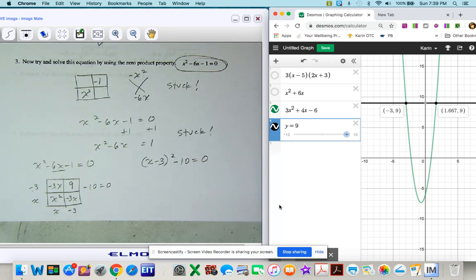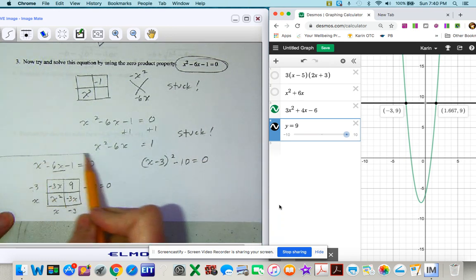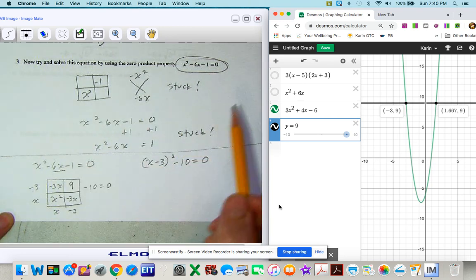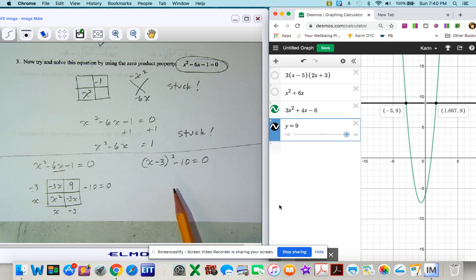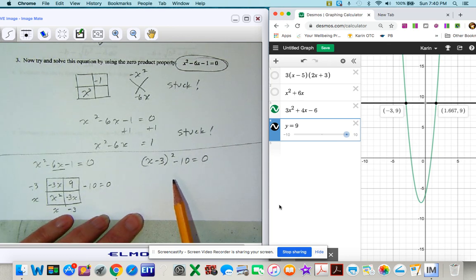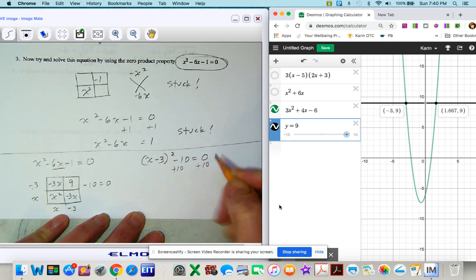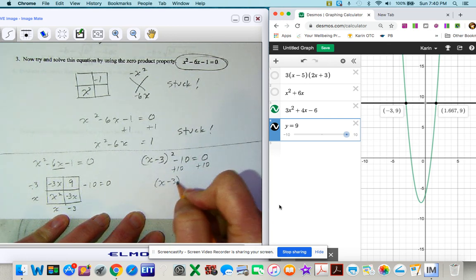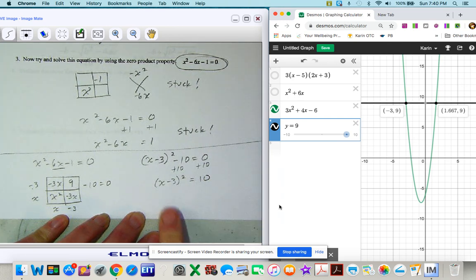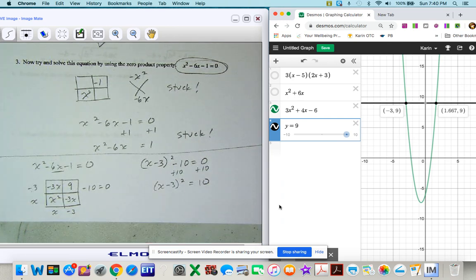So a technique that will actually work when factoring doesn't, and when balancing, which almost never works, is to try to complete the square. If I get to this point, I should be able to work this out. I'm going to add 10, x minus 3 squared is equal to 10. So what squared is equal to 10?